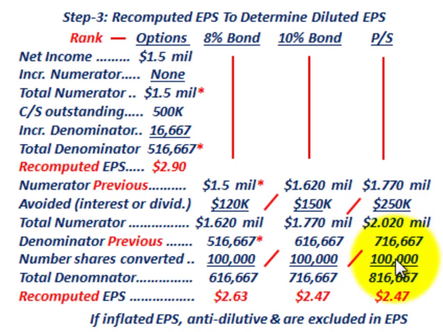So just looking at our total numerator, which is our adjusted net income, 2,020,000, you divide it by the total denominator, the adjusted common shares outstanding, and you're going to get $2.47 per share. But in this case, you can see it's actually going to be what they call anti-dilutive, because we didn't have any decrease in our recomputed or diluted earnings per share from our 10% bond.